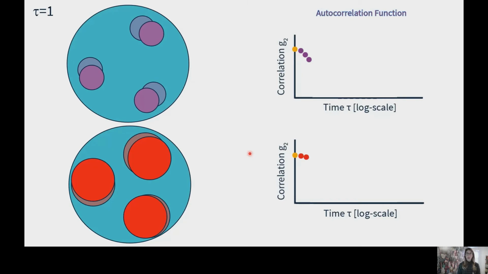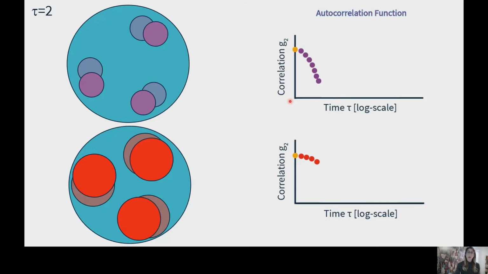As time progresses, for smaller particles, they're going to move more quickly through solution and have more intensity fluctuations. So this means that the signal intensity at a certain time point compared to the initial time point is going to be different for smaller particles because we have more changes in the intensity fluctuations.